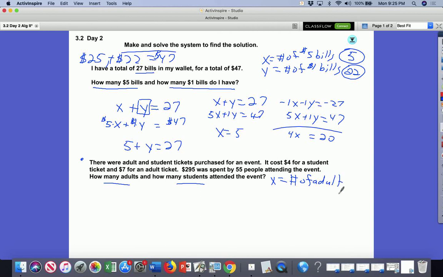So I'm going to let X represent the number of adults attending, which is going to be the number of adult tickets, and Y be the number of student attending, which is the number of student tickets. So we have a total of 55 people attending. So the number of adults plus the number of students is 55.